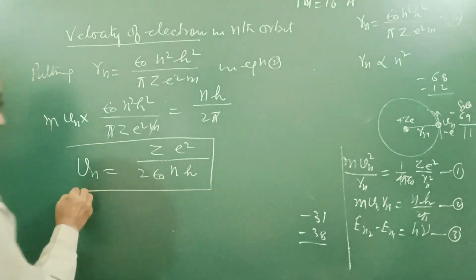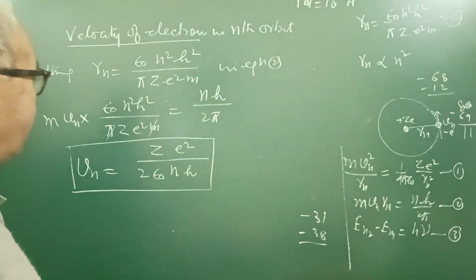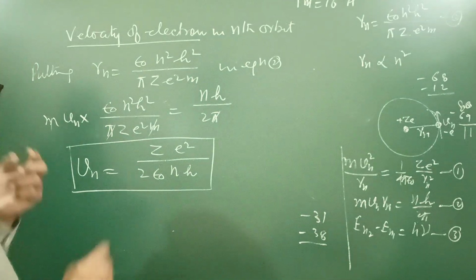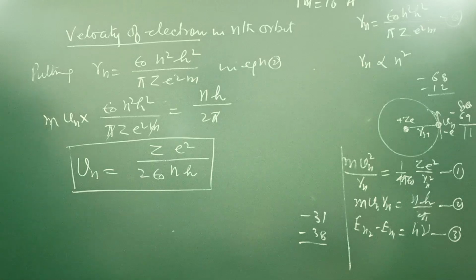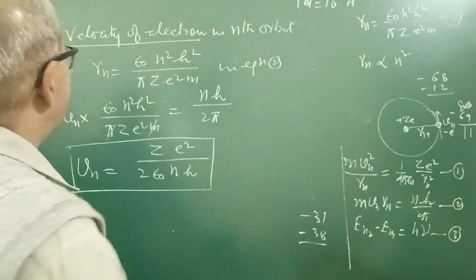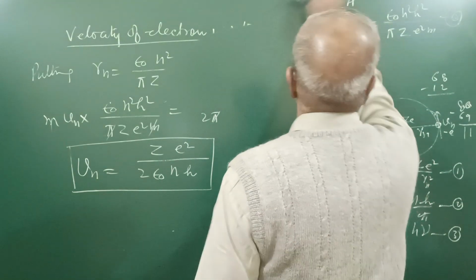This is the velocity of electron. Z e square, n is cancelled, pi cancelled. Velocity of electron in nth orbit. For H atom, as you know, Z is equal to 1.